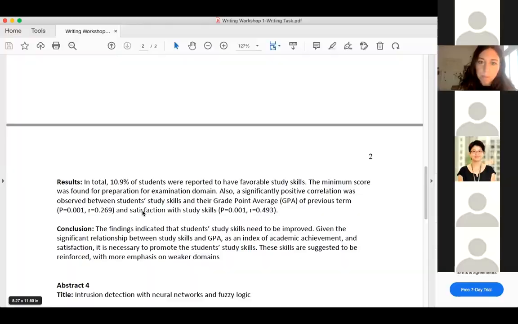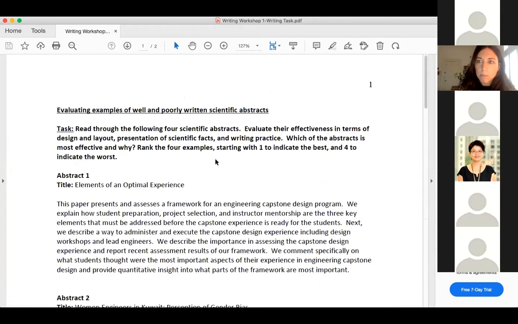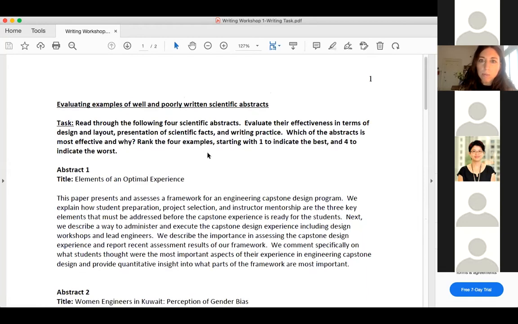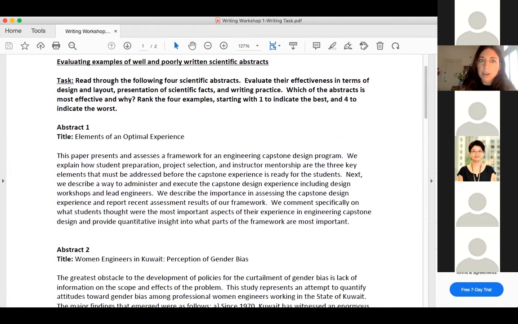So let me get, so I want you to critique these abstracts. Hopefully you all see that. Okay, so as the task says here, read through the following 4 scientific abstracts, evaluate their effectiveness in terms of design and layout, presentation of scientific facts, and writing practice.